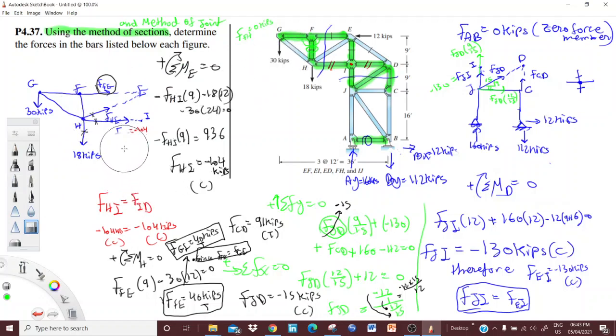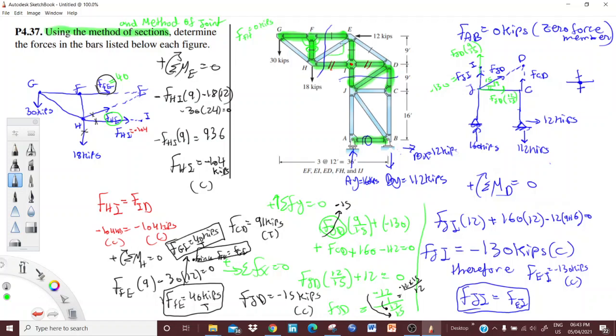I didn't find HE yet, so let's try to resolve it. Here FE is equal to 40 kips, and here we found it already. So let's resolve it on the x-axis.